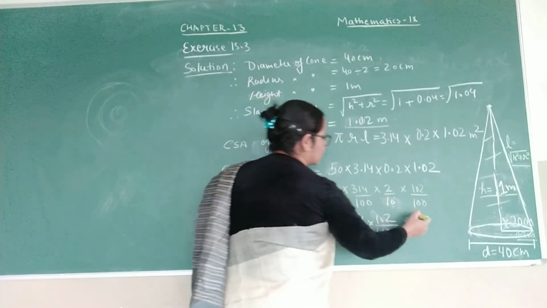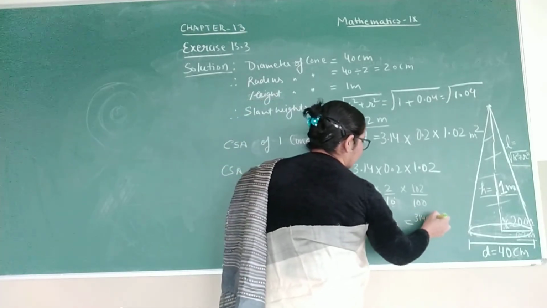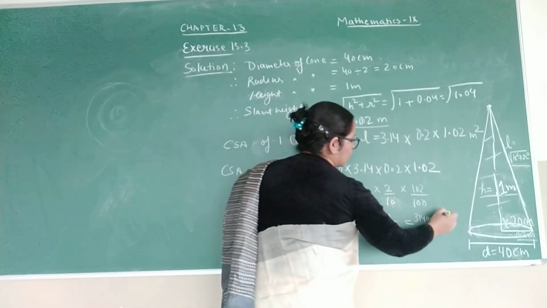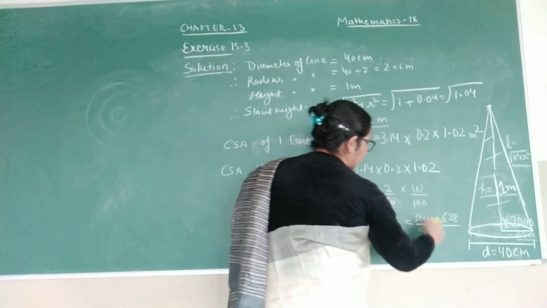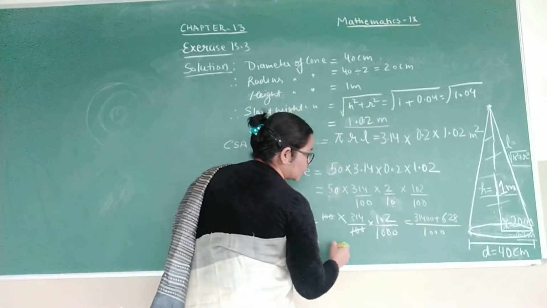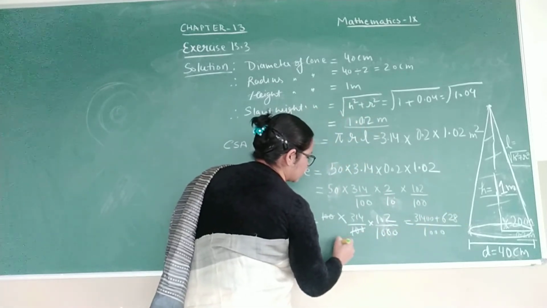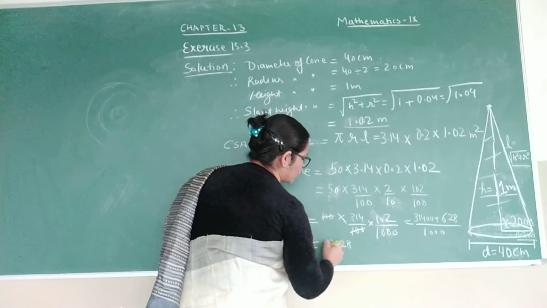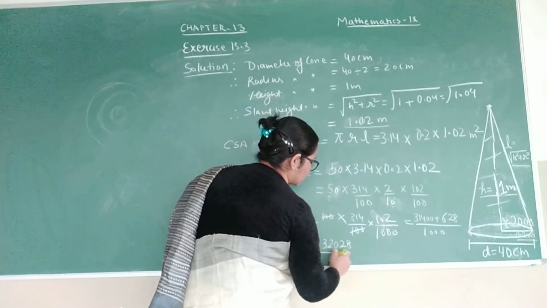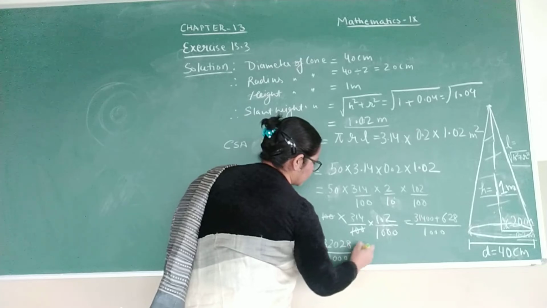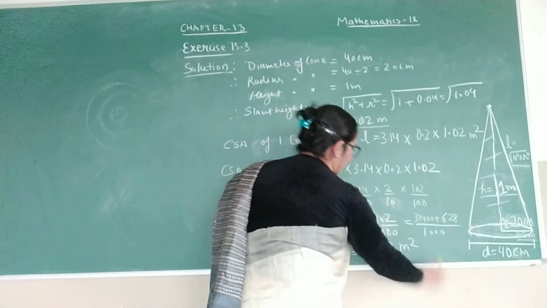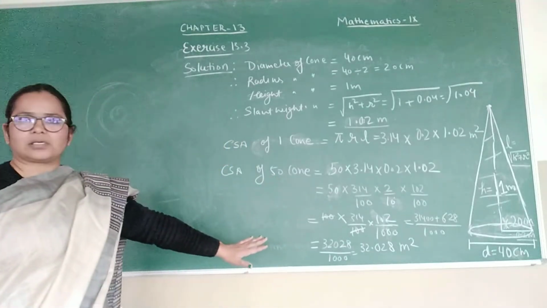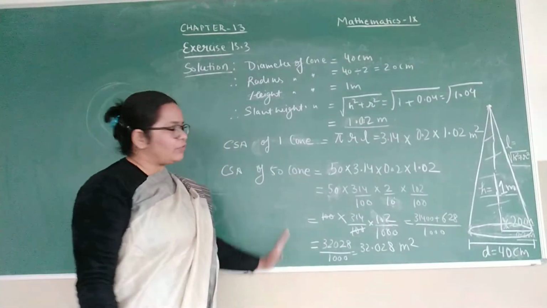So 100 times this will be 31400 plus 2 times this is 628, upon 1000. You can add up. So it will be 32028 divided by 1000. So it is 32.028 meters square. Now this is the total curved surface area of 50 cones.